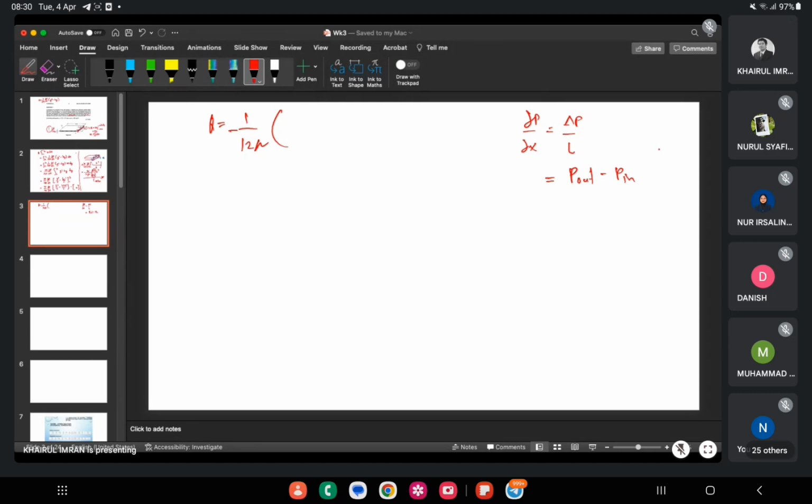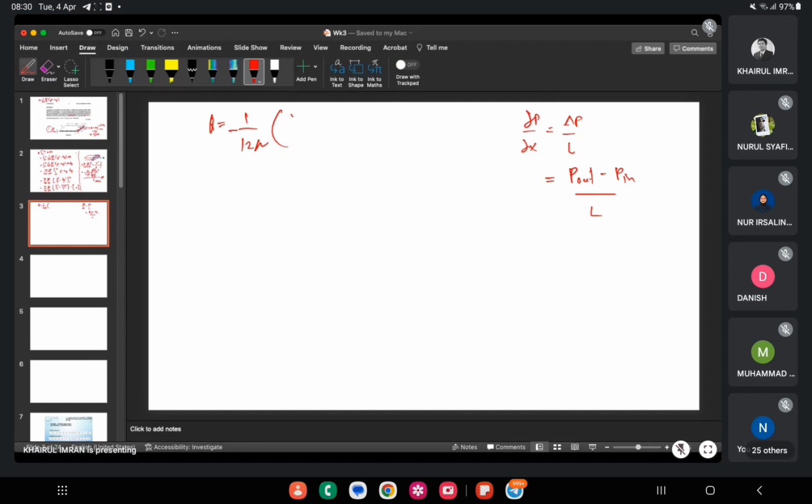Pressure ke, mass ke, for example. Anything. Okay. Always downstream minus the upstream. So for this case, downstream is P out and P in is the upstream. So divided by length.